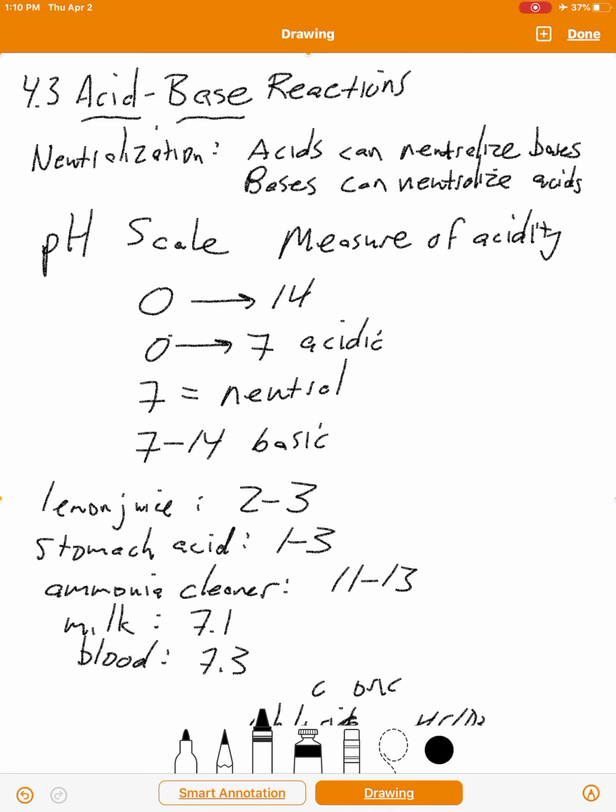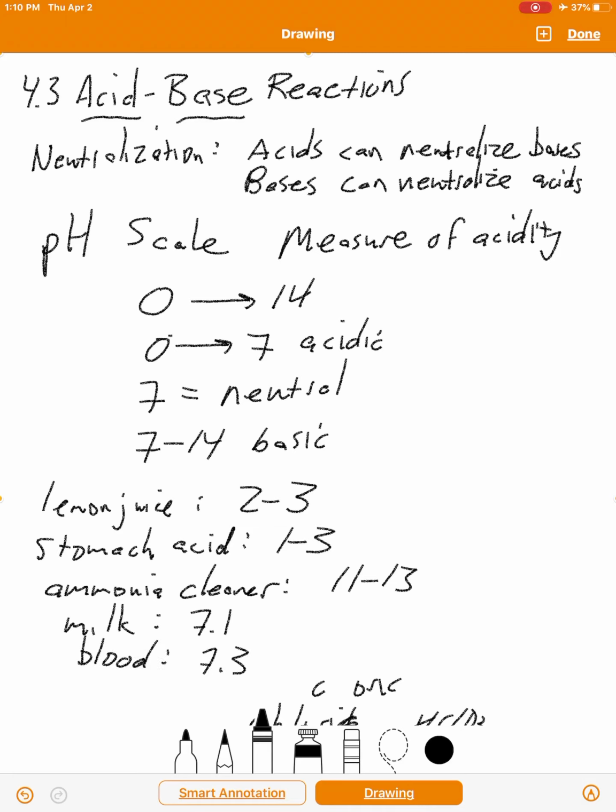Product side, water is a liquid, so we don't break that one up. And then sodium chloride is aqueous, so we break that up. Okay, so that's the ionic equation. Anything that's aqueous, you break it up into separate ions. If it's a liquid, you keep it the same. Then we have the net ionic.